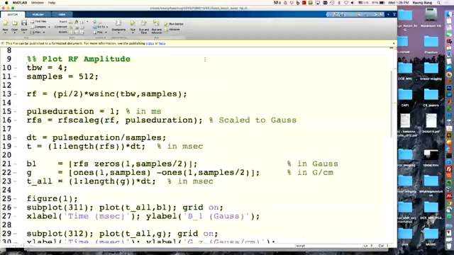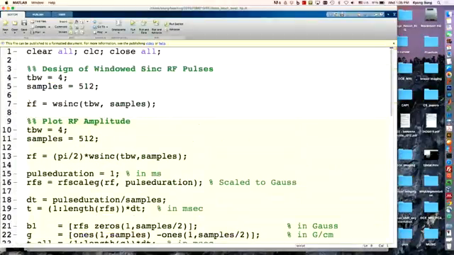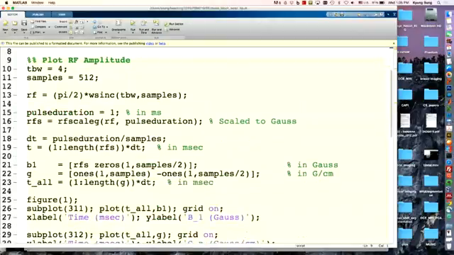The first part is creating the RF pulse and defining the time bandwidth product, with the sample size set to 512, and making sure some of the old RF pulse is handled.